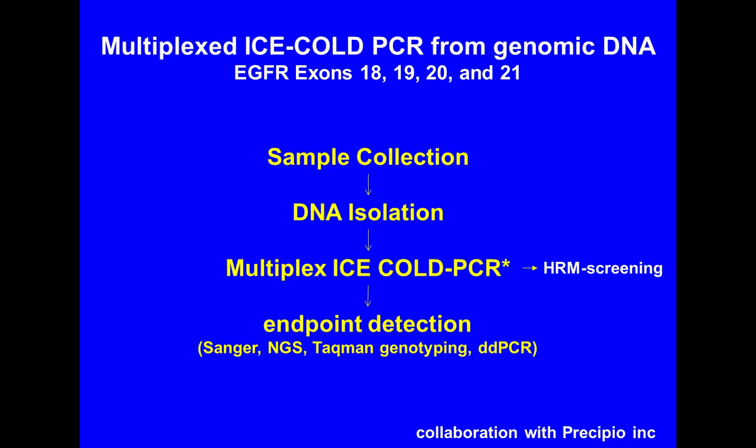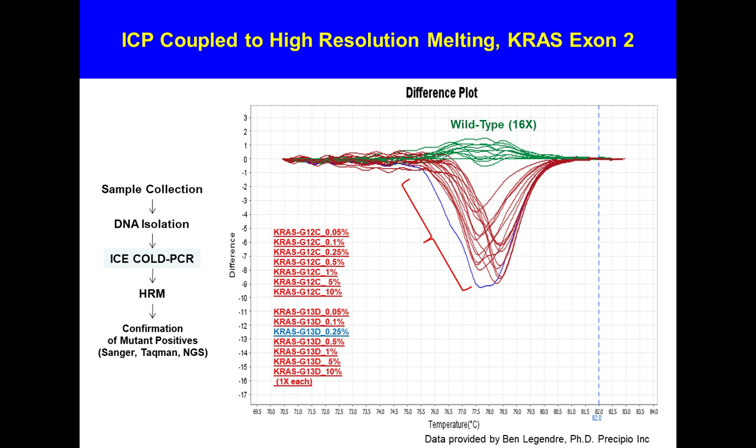We have sample collection, DNA isolation, multiplex ice-cold PCR, and at that point we demonstrated that a high-resolution melting screening can be very beneficial to tell you if there is a mutation in any of the four amplicons. If there is not, you can stop. HRM is indeed very reliable, so it will save you the work and the expense of going to endpoint detection.